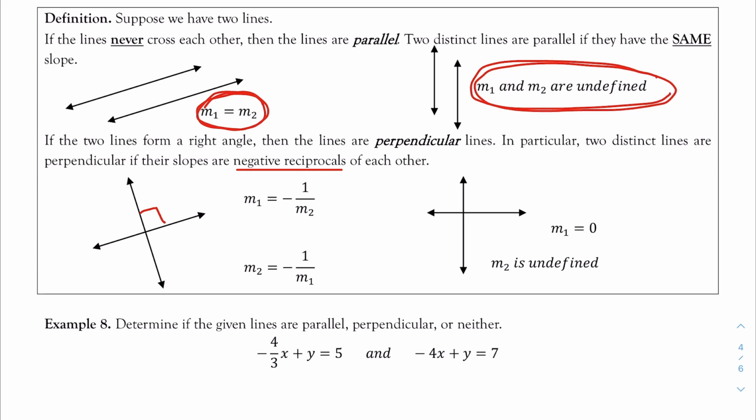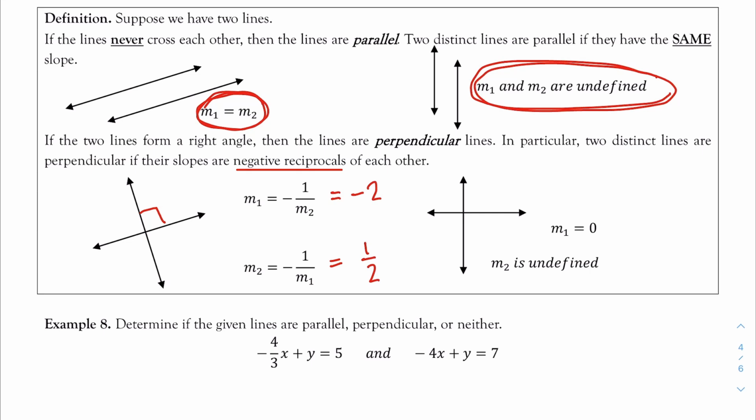For example, if one of my slopes is negative 2, then the perpendicular line would have a slope of 1 over 2. One's positive, one is negative, and they're reciprocals of each other. That means I can flip them and get the other result. If you flip 2, you get 1/2. If you flip 1/2, you get 2.